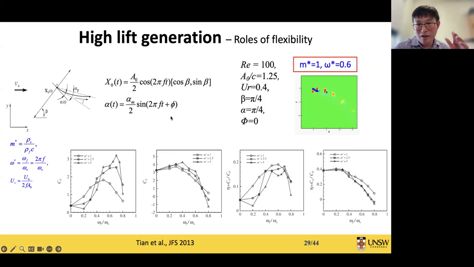So when we change the frequency ratio and look at the thrust, lift, power economy, we found that in the medium region, so medium flexibility, we observe optimal lift and also optimal thrust.